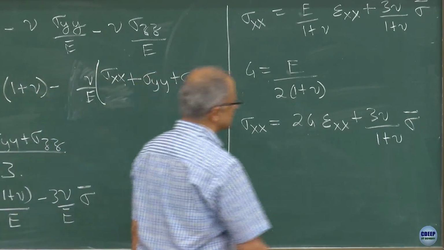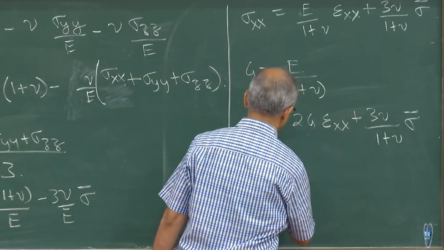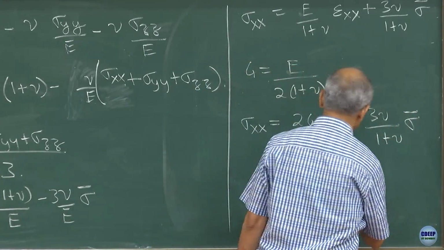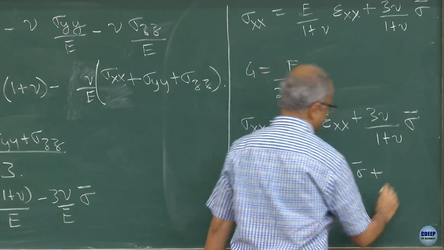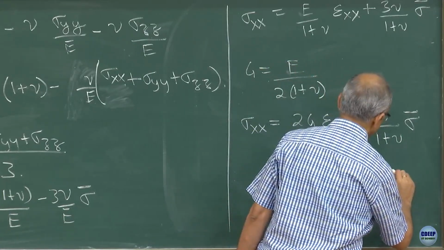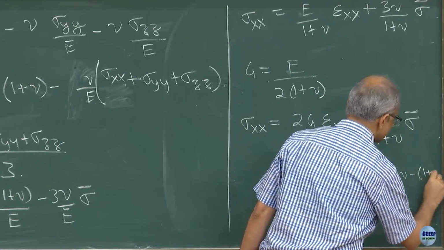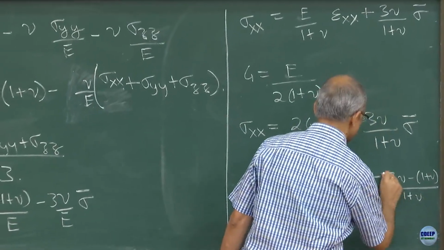And now what I'm going to do is further split this term into 2 terms. One will be a sigma bar, and what remains from here will be 3 nu minus 1 plus nu upon 1 plus nu times sigma bar.